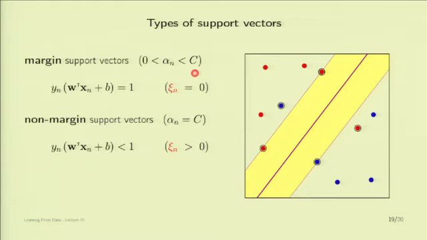Now, the value of C is a very important parameter here because it tells us how much violation we have versus the width of the yellow region. And this is a quantity that will be decided in a practical problem using old-fashioned cross-validation.